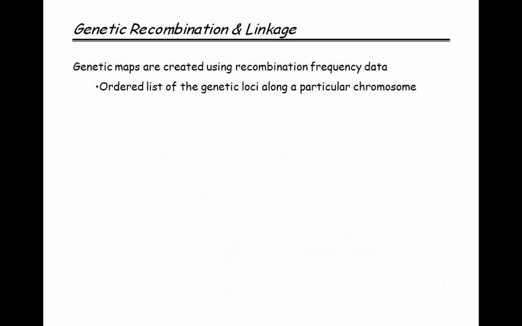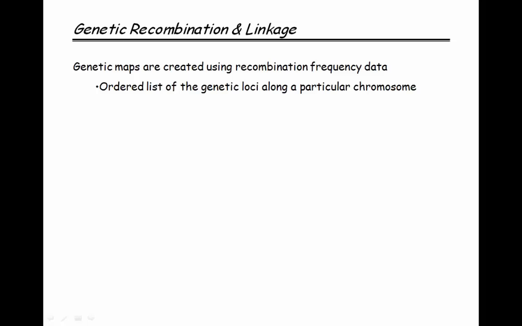Now, another reason that these recombination frequencies are so useful to us is because they can be used to come up with genetic maps. Genetic maps are ordered lists of the genetic loci on a particular chromosome. So in other words, they give us a picture of the chromosome, they show us which gene is located to all the other genes.